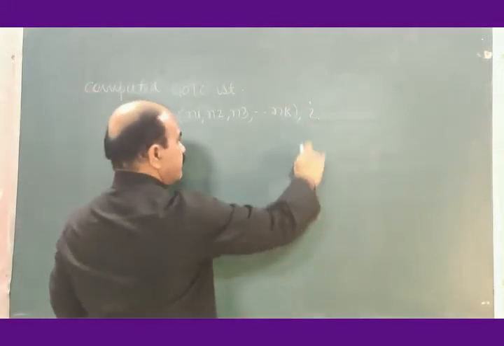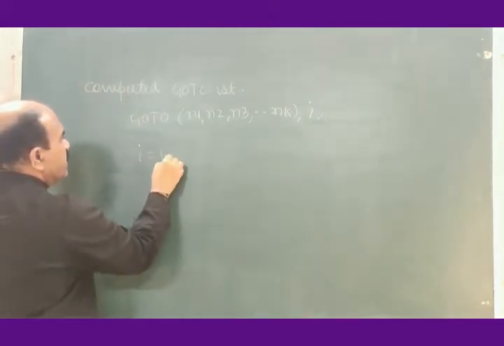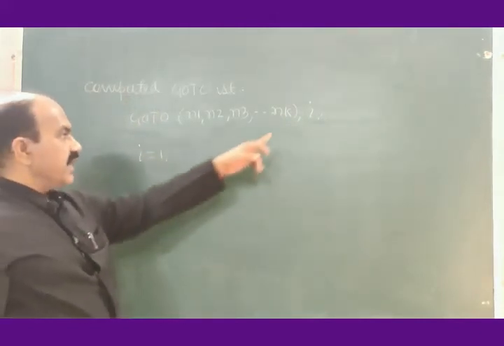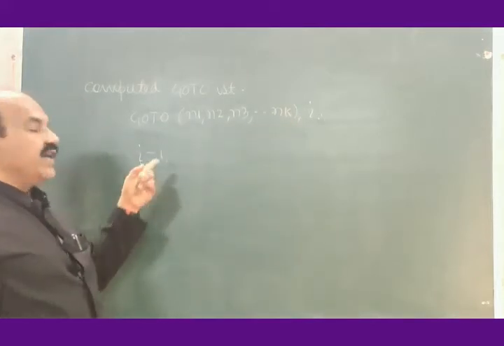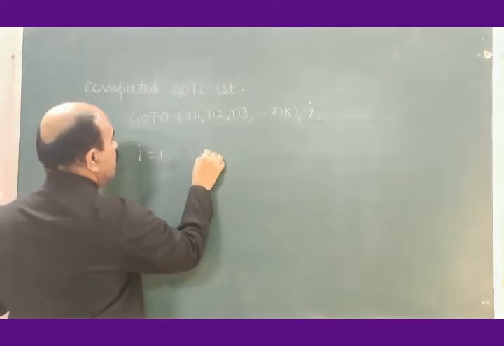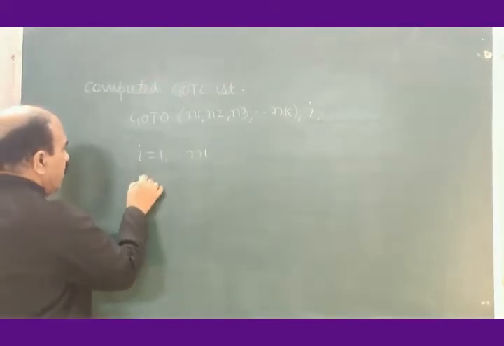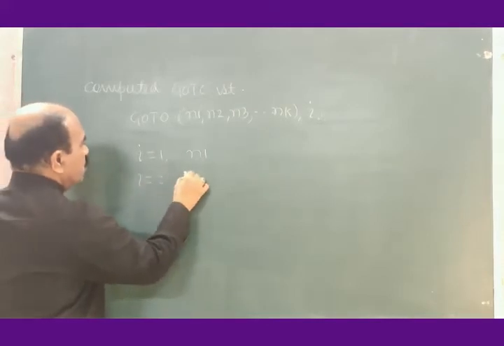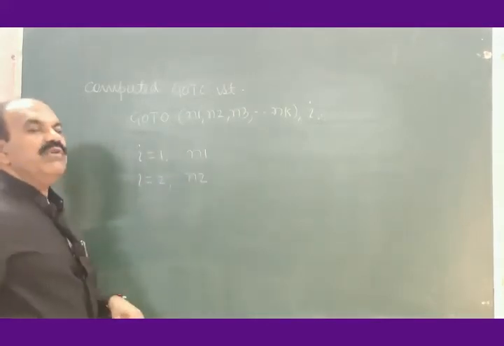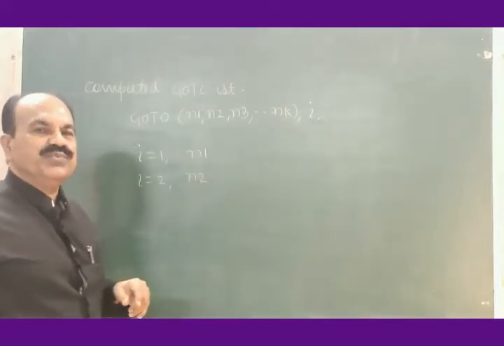For example, if the variable I is equal to 1, if the value of this I is 1, control is sent to n1. If the value of I is equal to 2, control will be sent to the statement whose statement number is n2.